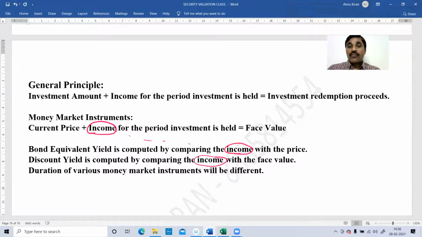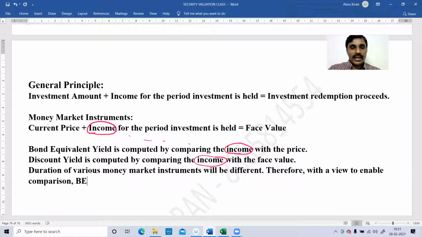So for the sake of comparison, bond equivalent yield and discount yield are converted into a per annum basis, so that they can be used to compare different bonds.